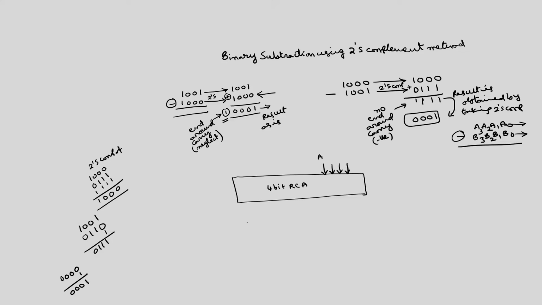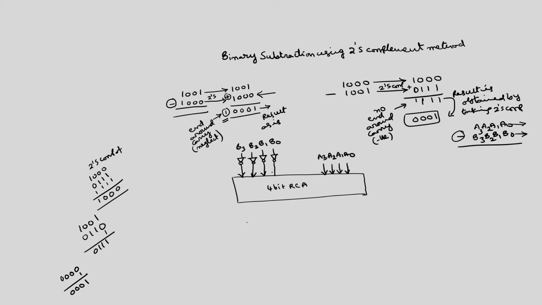So, I will take A3, A2, A1, A0 as it is. Then I will take B3, B2, B1, B0 through NOT gates, which gives the 1's complement. But what is required is the 2's complement, so 1 has to be added.